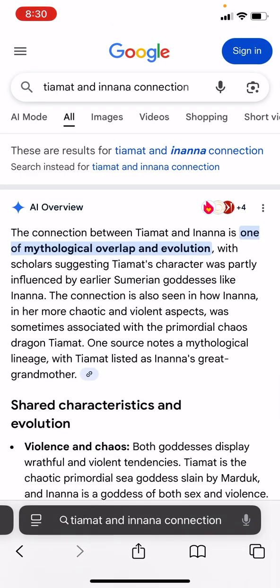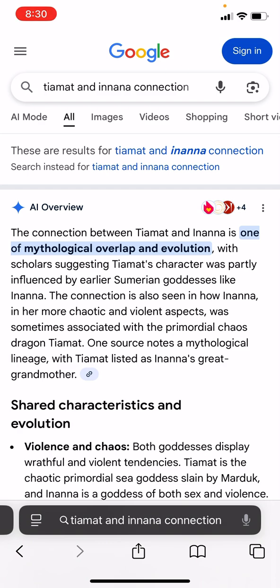The connection between Tiamat and Inanna is one of mythological overlap in evolution, with scholars suggesting Tiamat's character was partly influenced by earlier Sumerian goddesses like Inanna. Do you hear this?